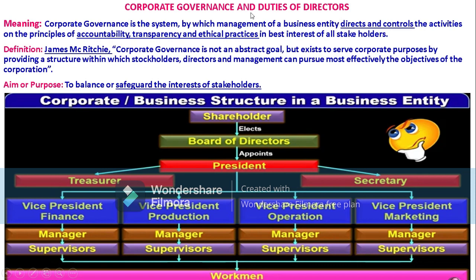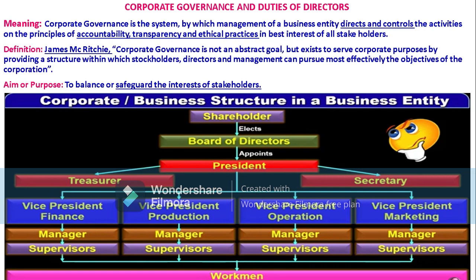So here corporate governance means how the business entity is going on, what are the rules, what are the policies, what are the practices and processes by which a company is directed, a company is controlled, okay?